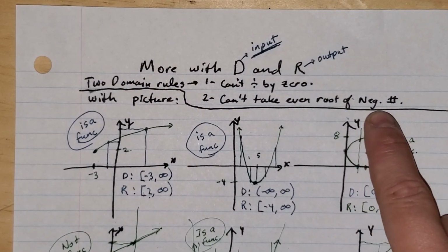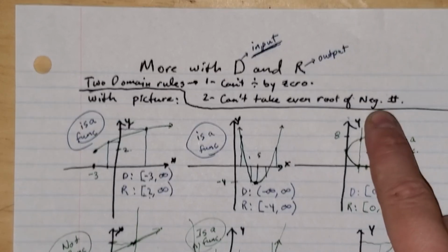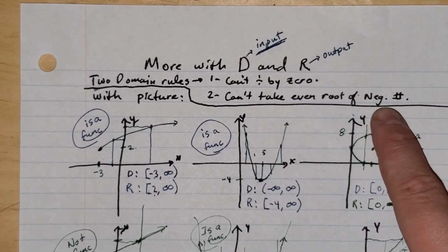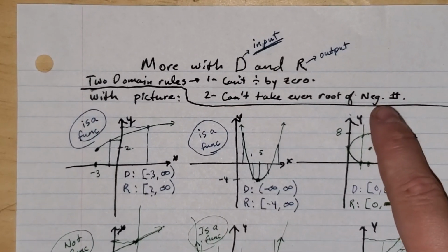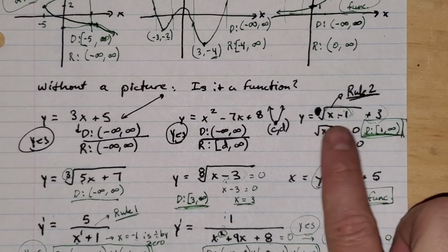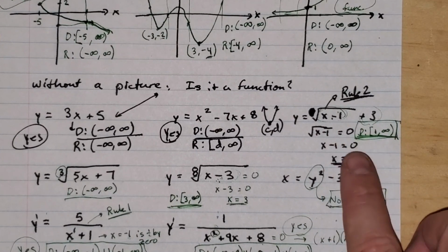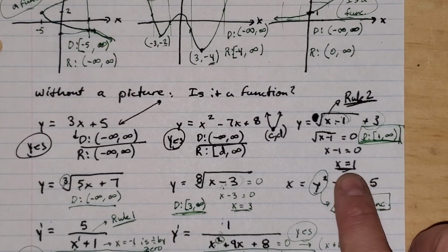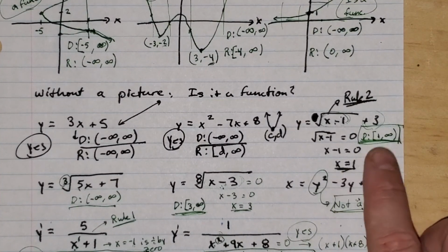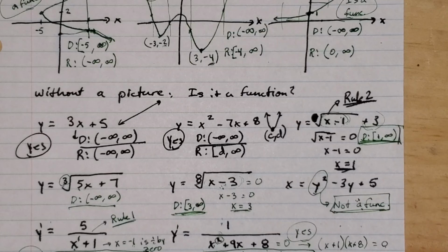If it doesn't have a root sign, if it doesn't have a radical, that's always a no. And so it'd be all real numbers. If you are in fact taking the radical, the square root, so right here you're taking the square root of x minus 1, you got to find out where's that equal to 0? At 1. Well, anything lower than 1 is going to make it negative. You can't do that. So your domain has to be that number and above.